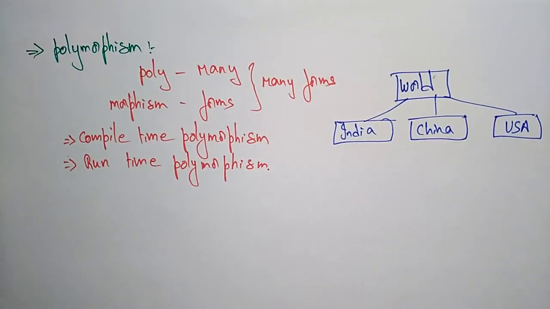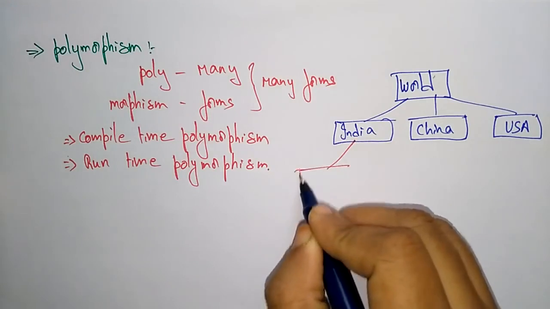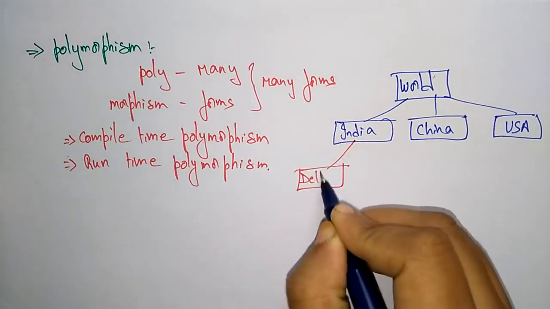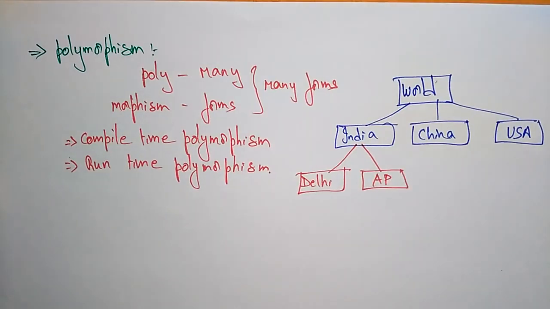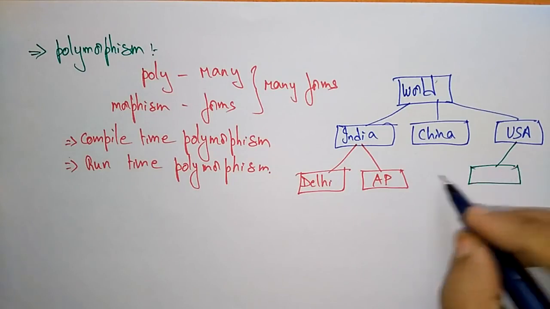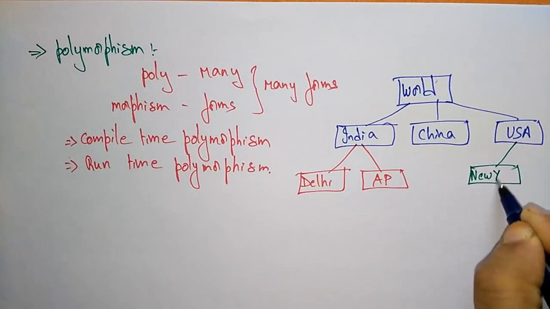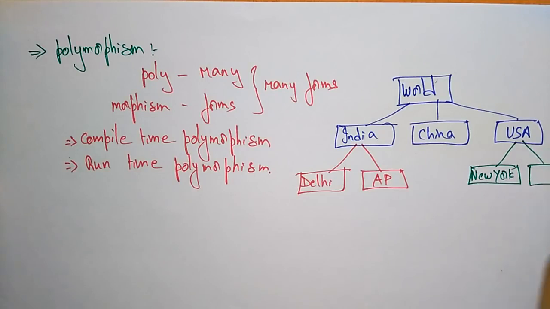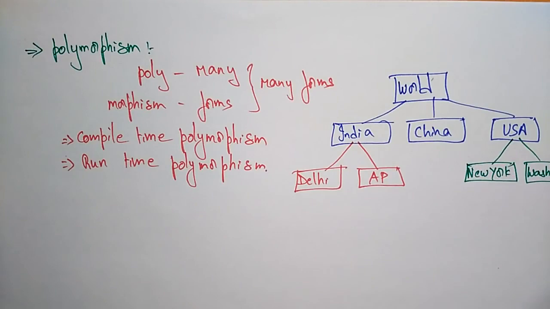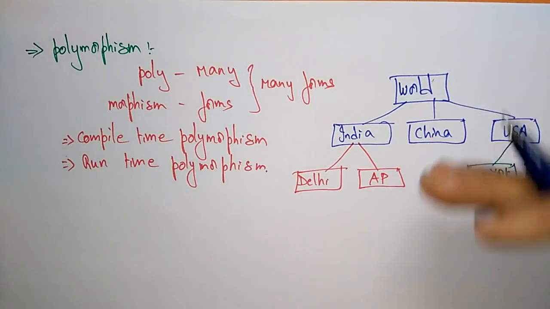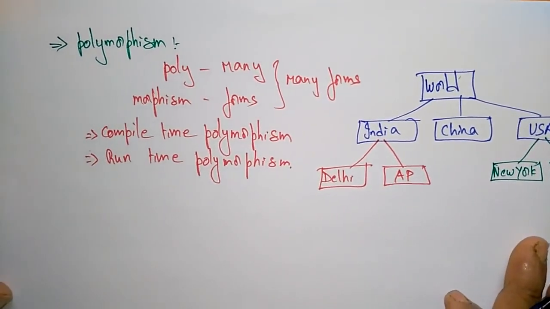Again in India you have different states, Delhi, AP. If you take USA, again you have different states like New York, Washington. So this is one thing represented in many forms. This you call polymorphism.